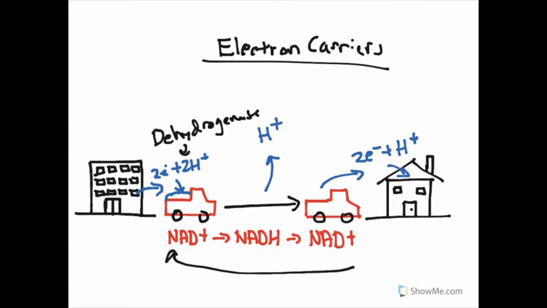So these dehydrogenases load the pickup truck, I drive it to his house, drop it off, come back, get a new load, and keep alternating between NAD+ and NADH, repeatedly. That's what these electron carriers do.